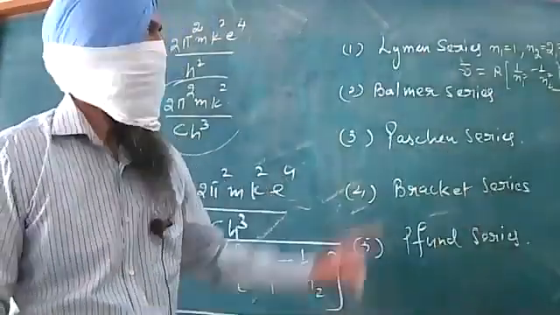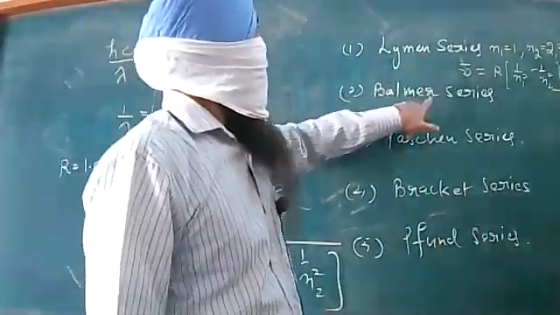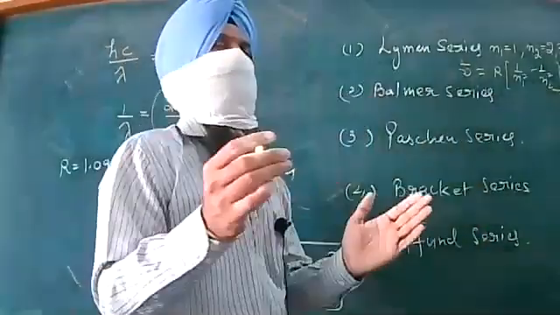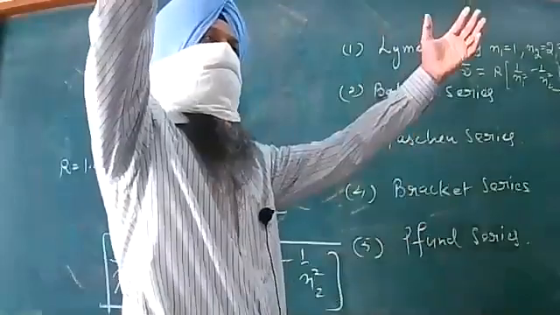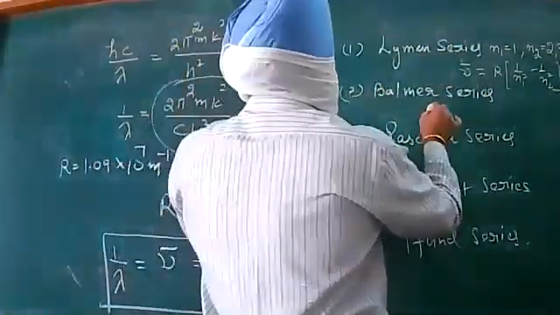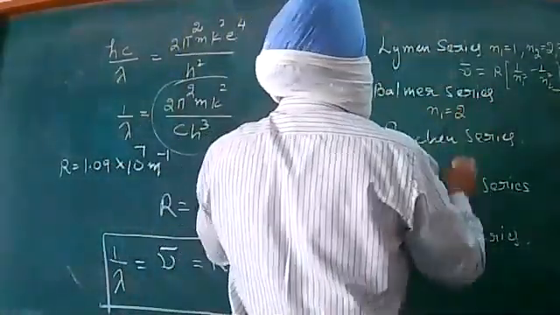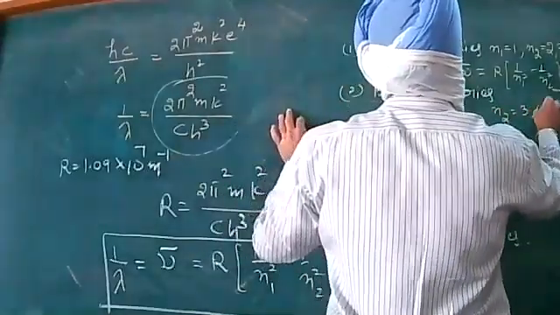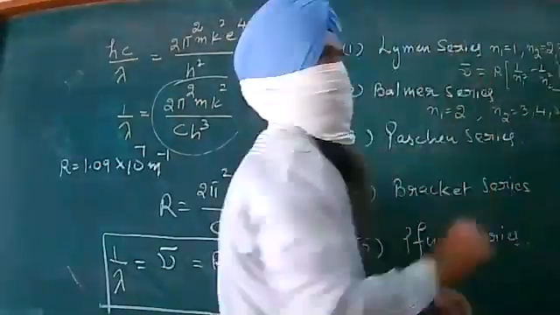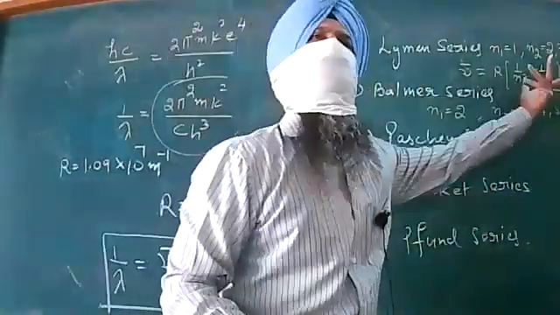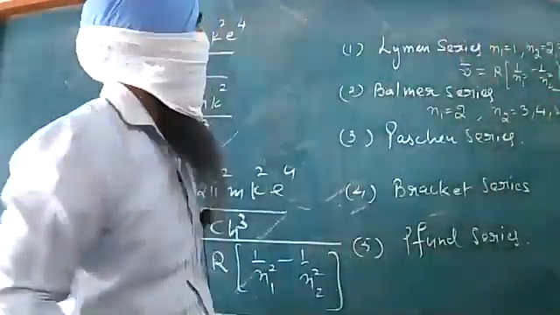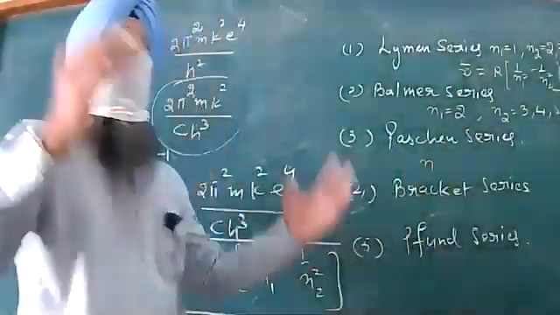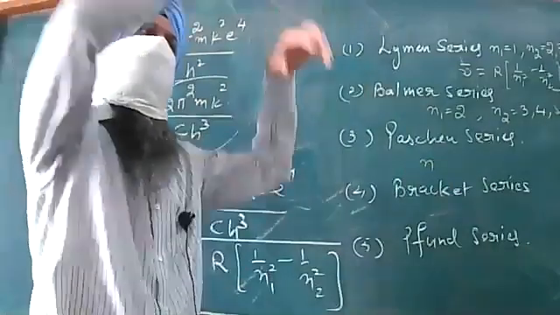Is that okay beta? Dear all, in case of the Balmer series, all the electrons jump from the higher orbits to the second orbit. Your n1 is equal to 2 beta and n2 beta, it is 3 onwards, all the possible values. Just substitute, get it calculated. And in the Paschen series, all the electrons jump from the higher orbits to the third one.